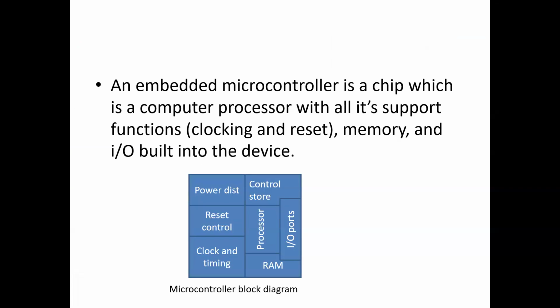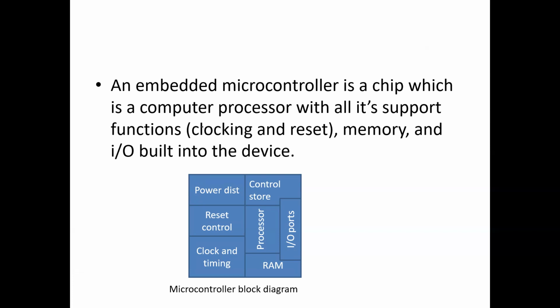An embedded microcontroller is a chip which is a computer processor with all its support functions, clocking, reset, memory and input output built into the device. So, what is the meaning of that?